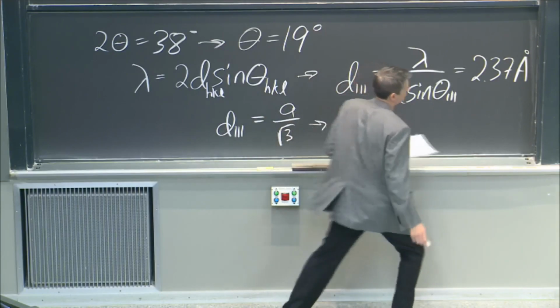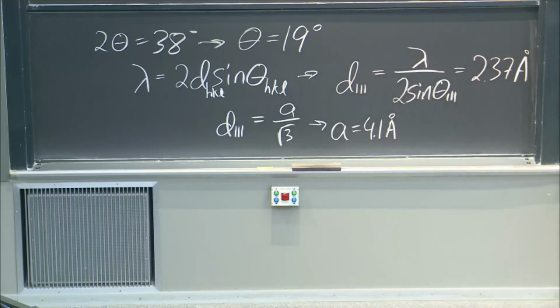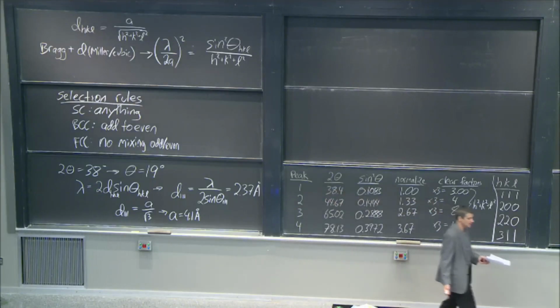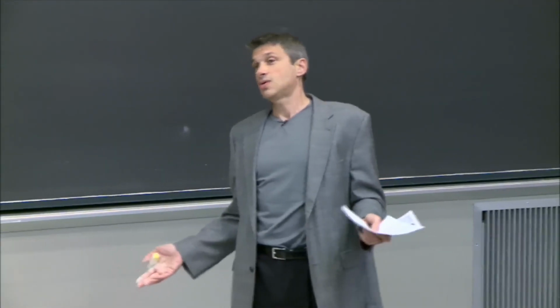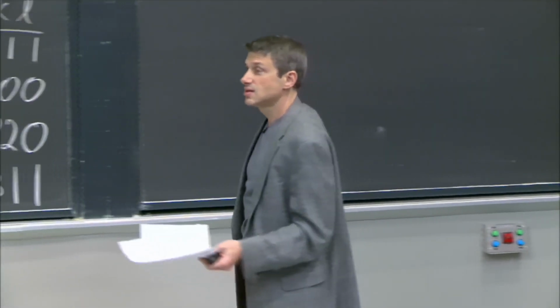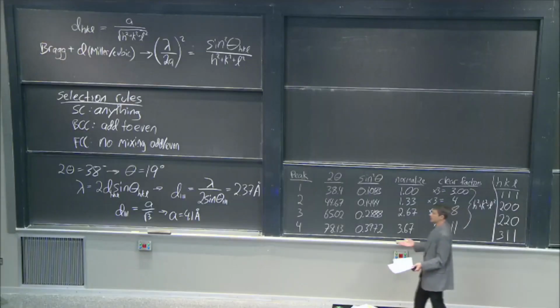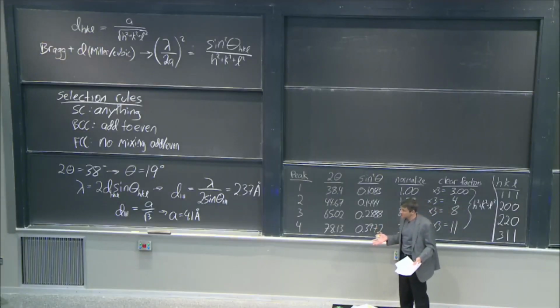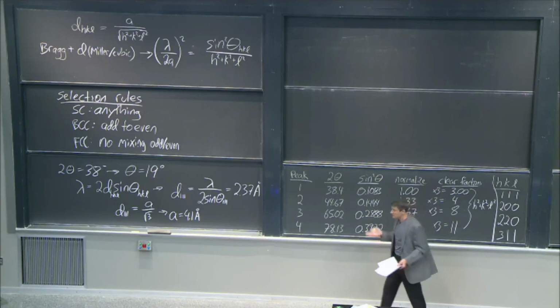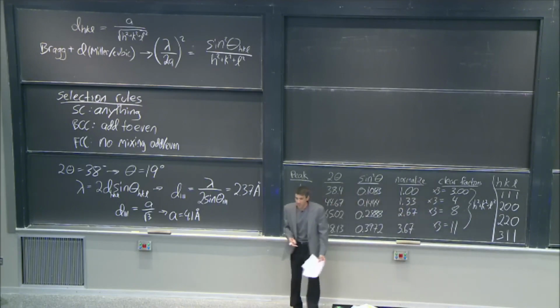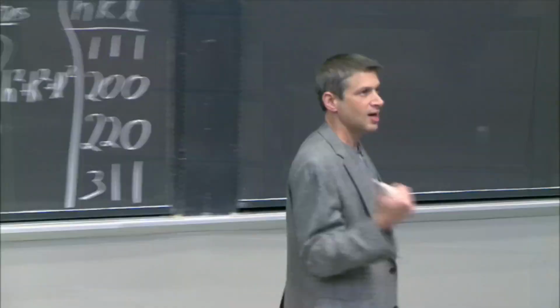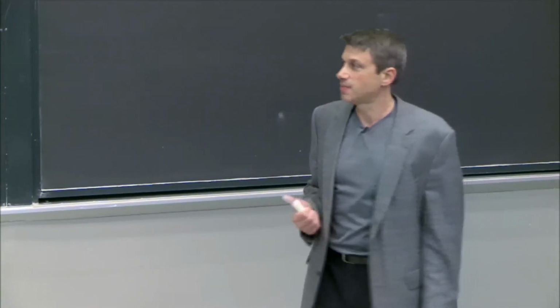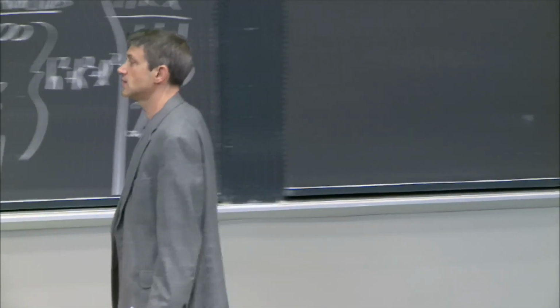Oh, you could go even further. Now that you know it's FCC, a single-atom basis FCC crystal, you could actually figure out the atomic radius. I got a, and I know the close-packed direction, so I could figure out the atomic radius, and go into my periodic table and figure out what I have, just from the atomic radii listed in the periodic table and the crystal structures.